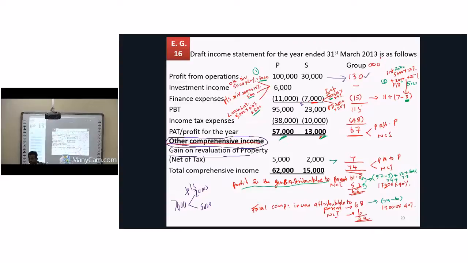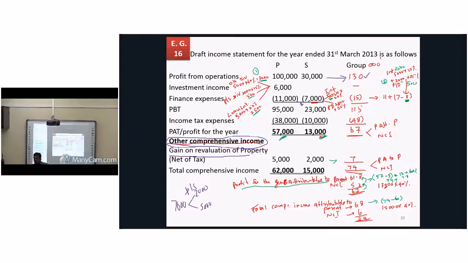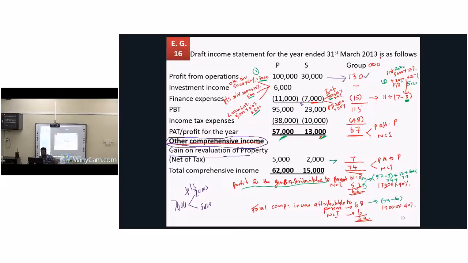The next point, investment income. In this question, there are three types of investment made by parent in subsidiary. Tell me what are the three types of investments? One is bought some ordinary shares.